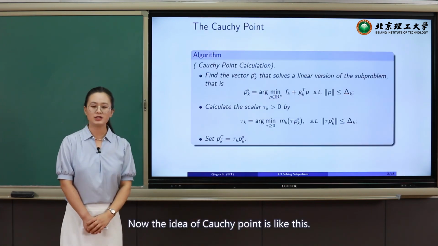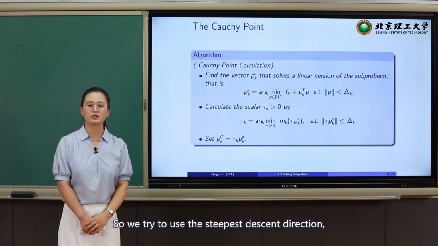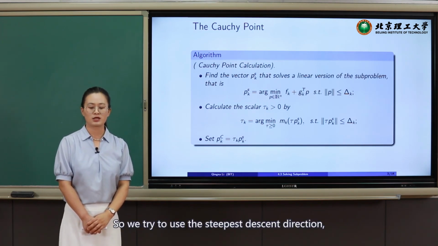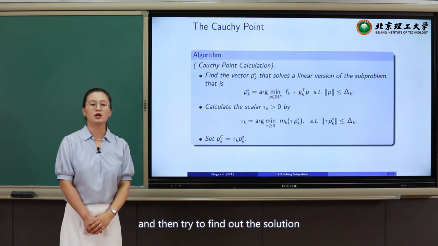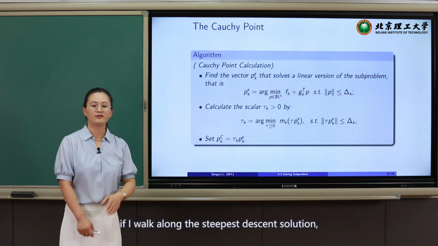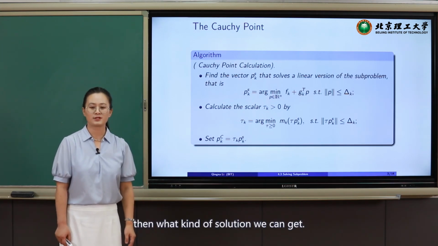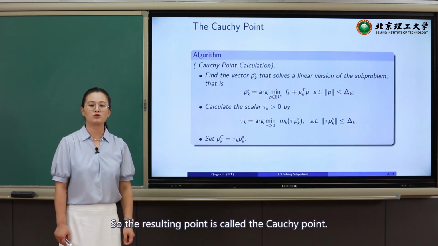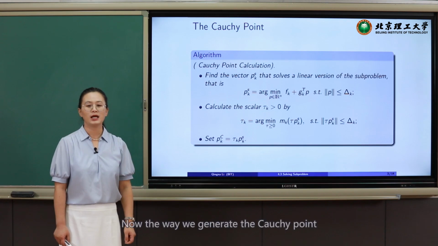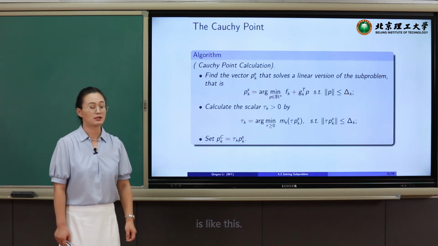Now, the idea of the Cauchy point is like this. We try to use the steepest descent direction and find out, if I walk along the steepest descent direction, what kind of solution we can get. The resulting point is called the Cauchy point. The way we generate the Cauchy point is like this.